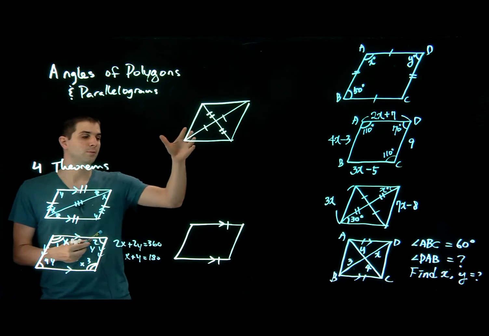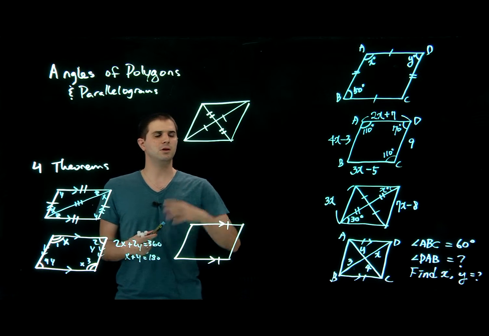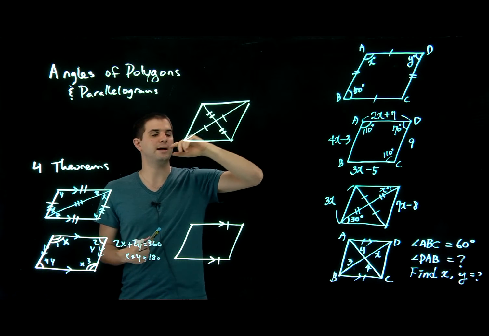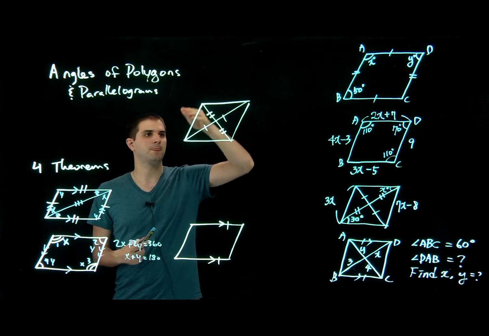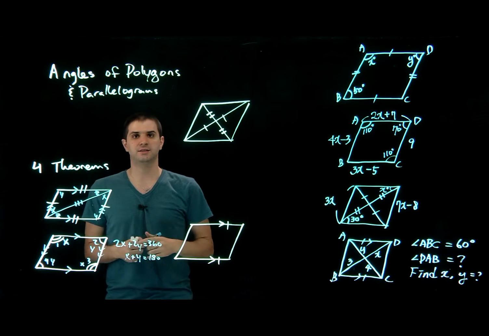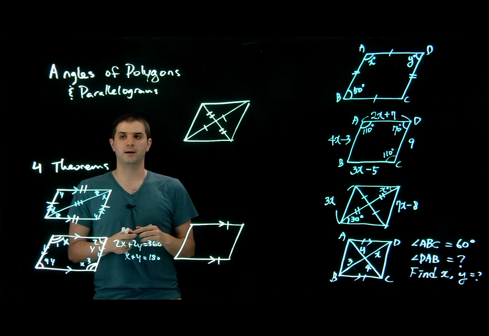Okay, so moving on to here. We're given that we have this situation where the diagonals bisect each other. So the diagonals here bisect each other, and we're trying to show that the lines are parallel.